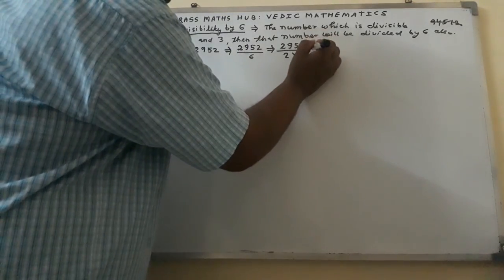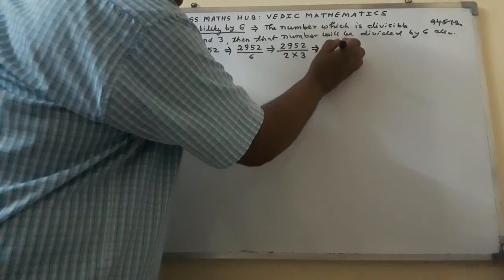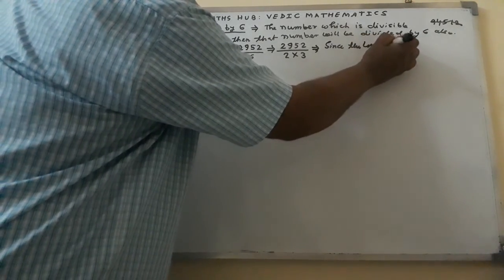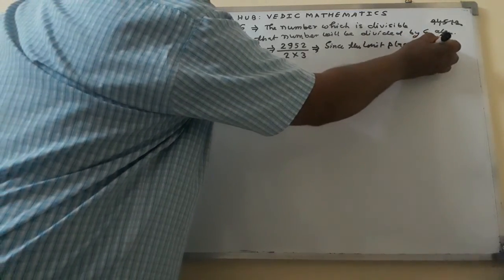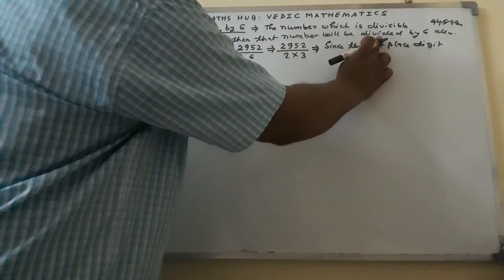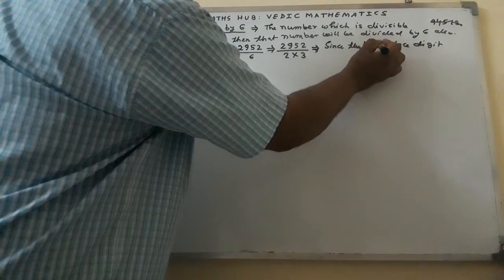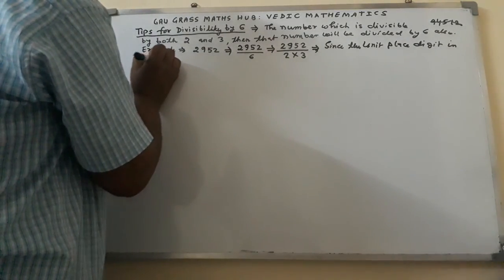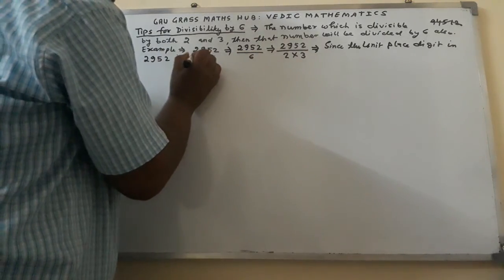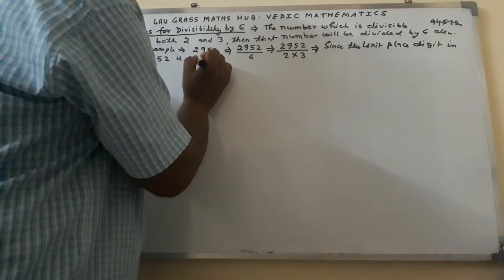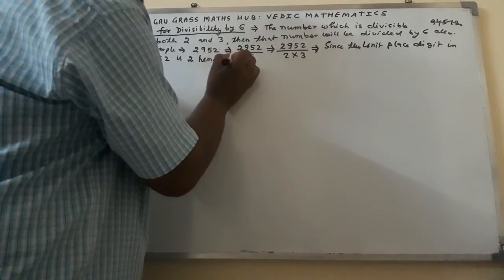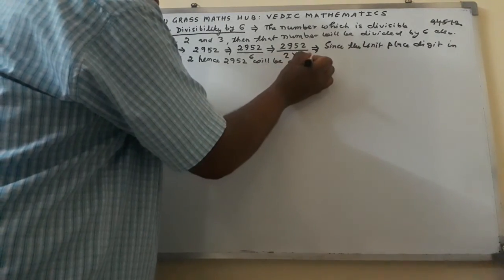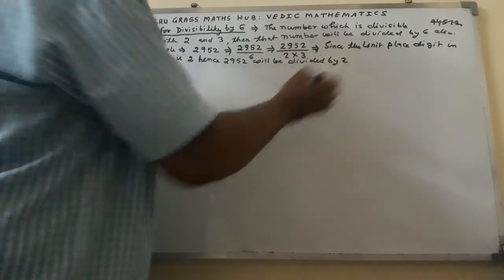So here I can write, since the unit place digit in 2952 is 2, hence 2952 will be divided by 2.